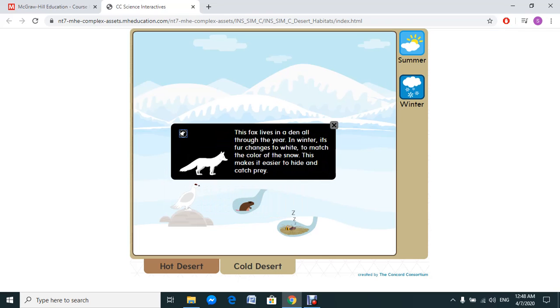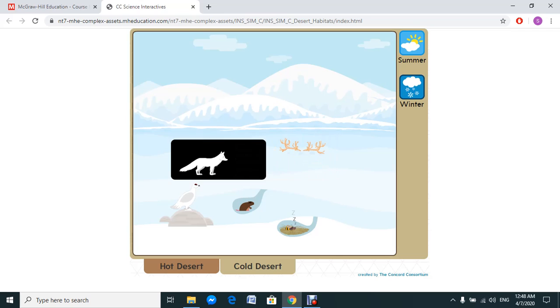Now let's see the fox. Yes, so also the fox's color turned white so it can move around and hide its food.